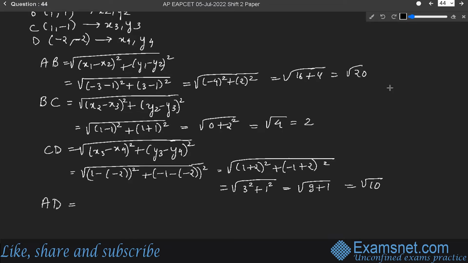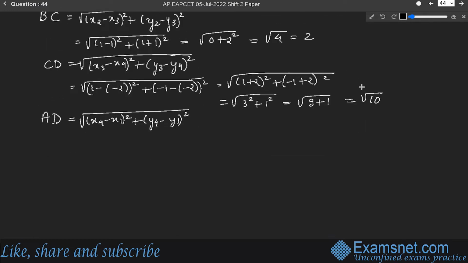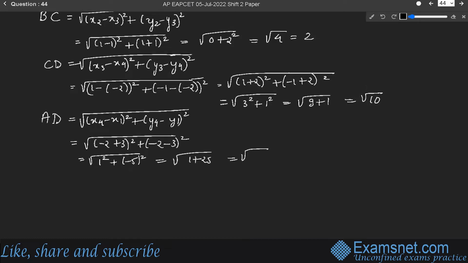Similarly, AD will be equal to under root of (x4 minus x1) square plus (y4 minus y1) square. On further solving it and substituting the values, it will be (minus 2 plus 3) square plus (minus 2 minus 3) square, which is equal to under root of 1 square plus minus 5 square, which gives 1 plus 25, which is equal to under root of 26.